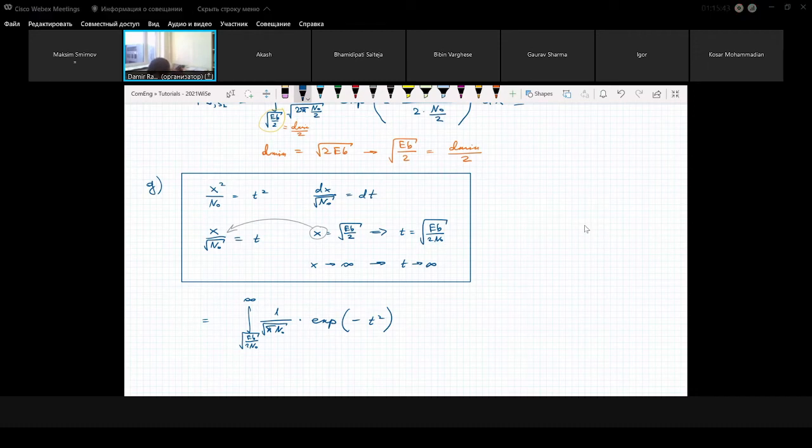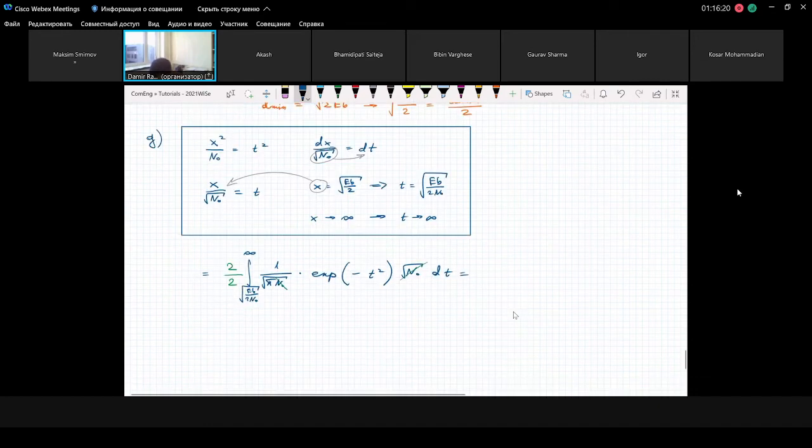And also I have, yeah, it comes from there. When I replace dx by dt, I also have to multiply by square root of N naught. So now what we see, we can cancel square root of N naught, and also we can multiply by 2 in numerator and denominator, and we can represent our function as the complementary error function.